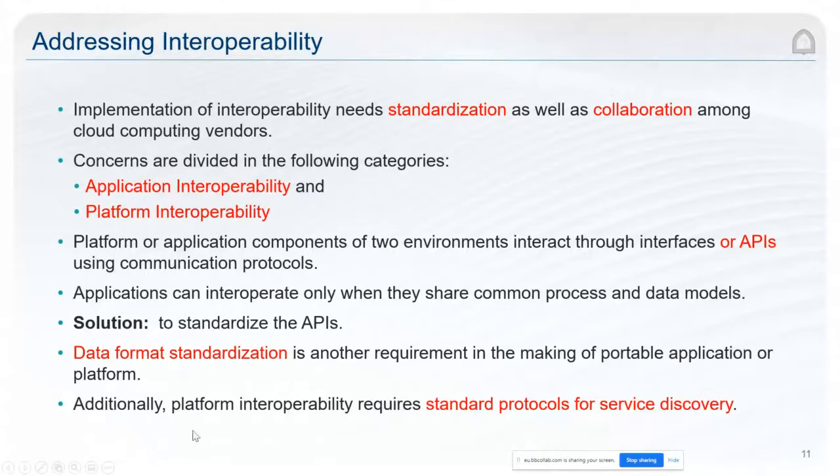And the solution for all of these interoperabilities is standardizing APIs and standardizing data formats. And also the last one is standardizing the protocols for service discovery. So the solution for application and platform interoperability is to standardize APIs, formats and protocols.